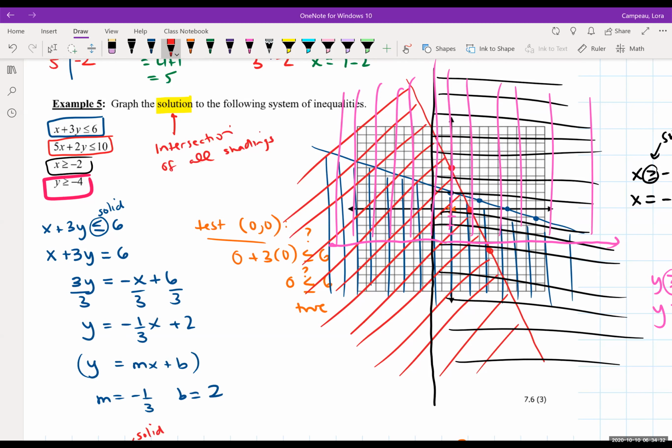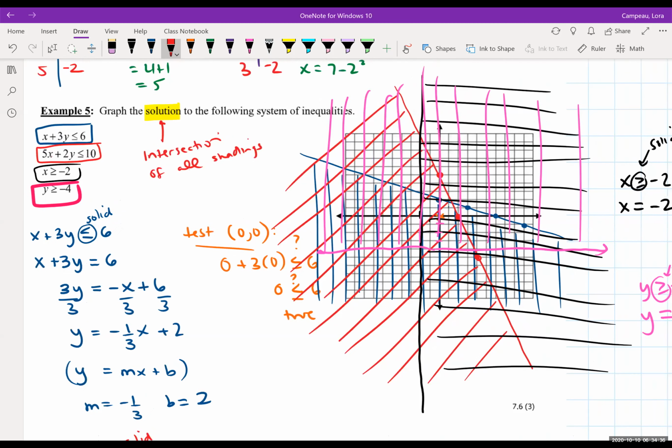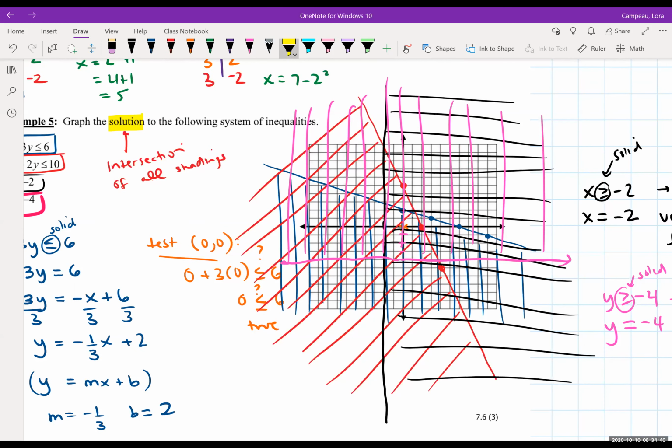So what this would leave us with is really paying close attention. First off, I believe we are looking at a trapezoidal region.